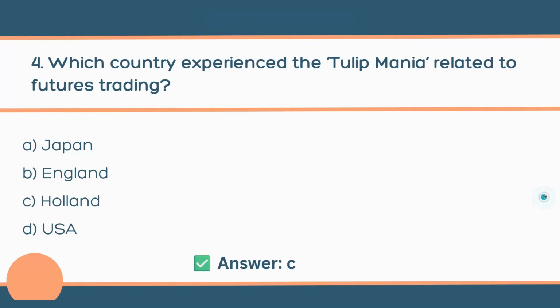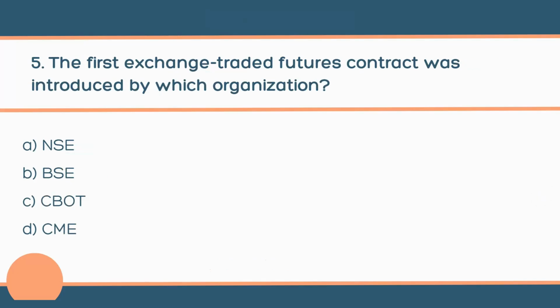So the answer is Holland. The first exchange traded futures contract was introduced by which organization? The Chicago Board of Trade introduced futures contracts, making trading more organized. So the answer is C, CBOT.